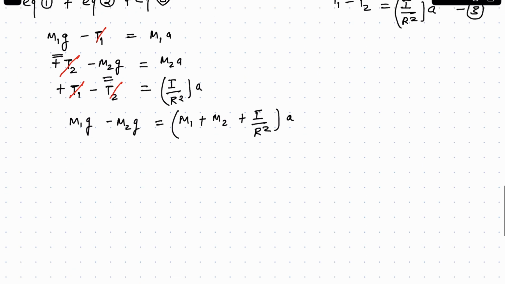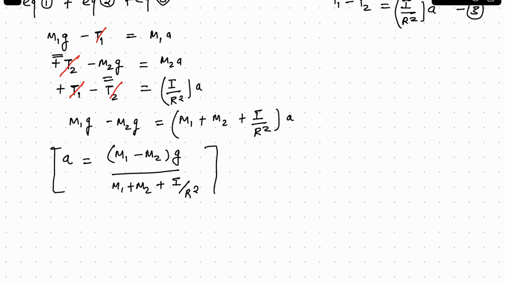What is the acceleration? A is (M1 minus M2) g divided by (M1 plus M2 plus I divided by R square). I get this relation.